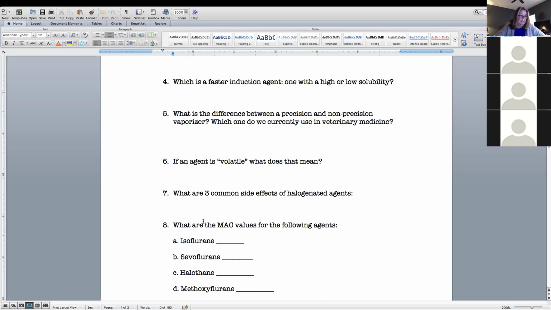The other thing I want to say is ISO and SEVO require very, very minimal hepatic or renal metabolism, liver or kidney. So they were safe. Halothane did get metabolized within the liver and kidney, so you may want to choose another agent.